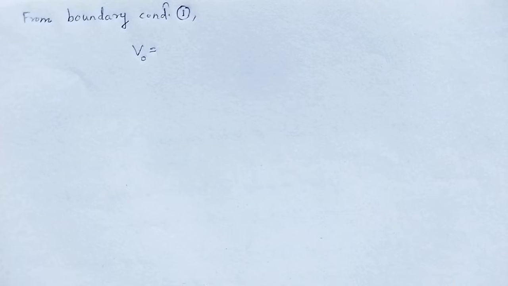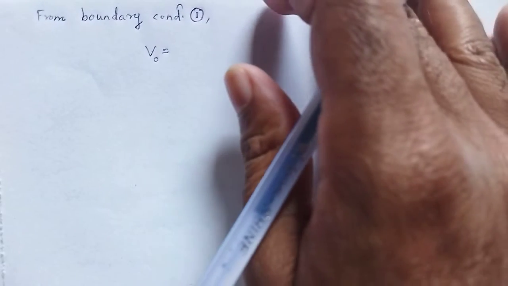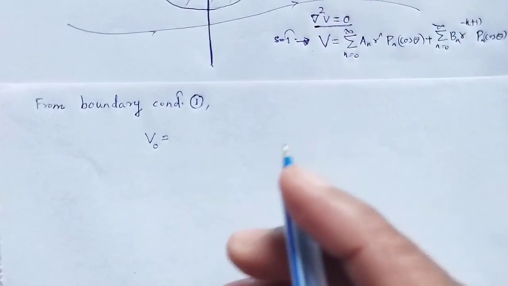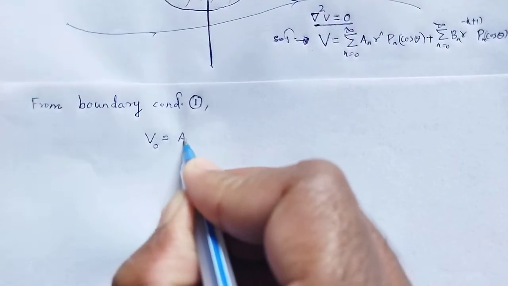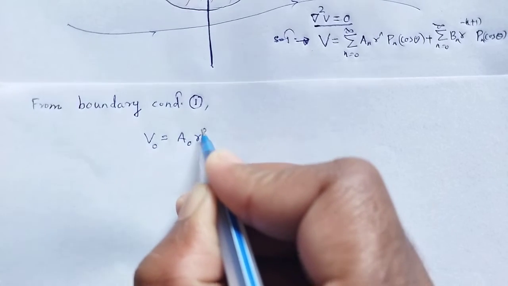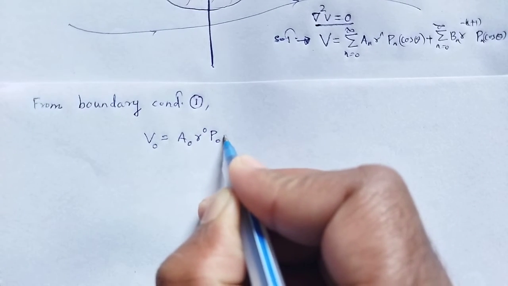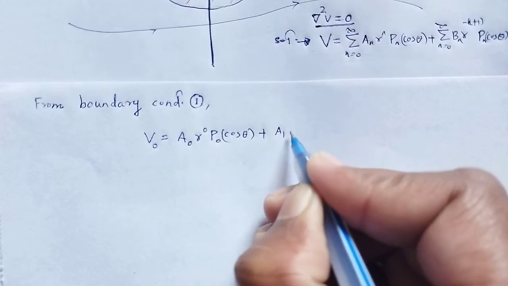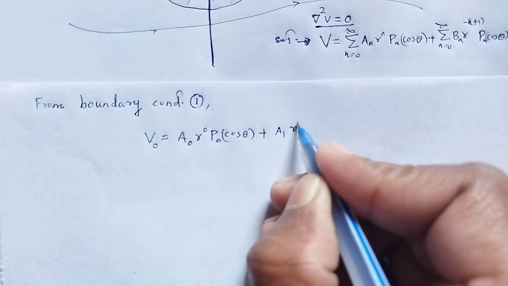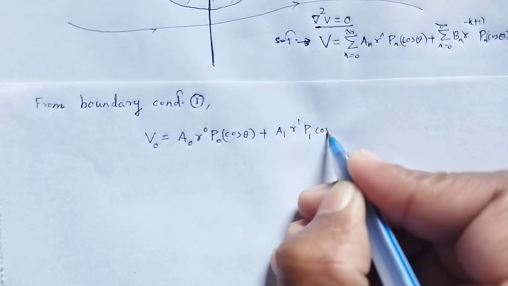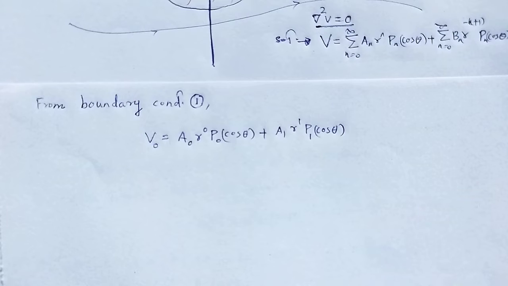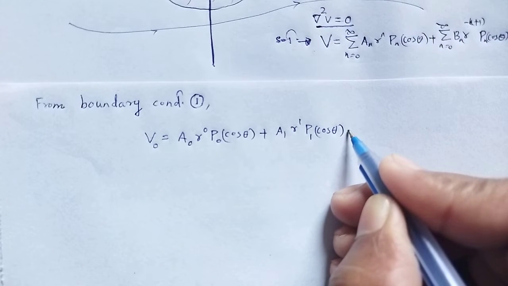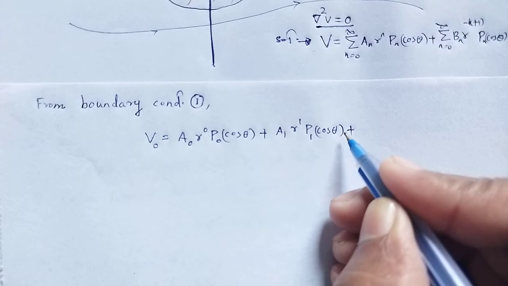that is V naught is equal to, using that series, A naught r to the power 0 P naught cos theta plus A1 r to the power 1 P1 cos theta. Other terms are neglected since these terms contain the higher powers of cos theta.